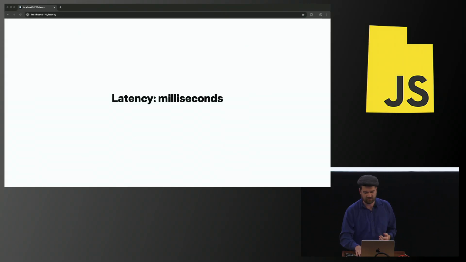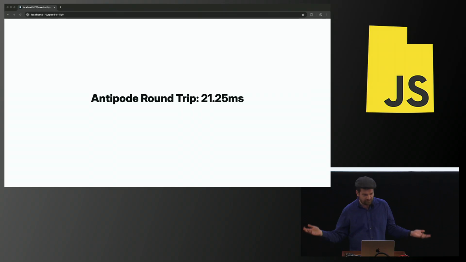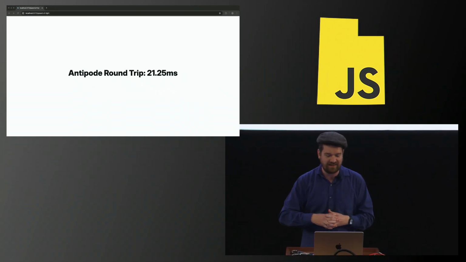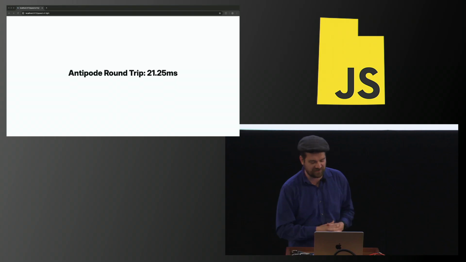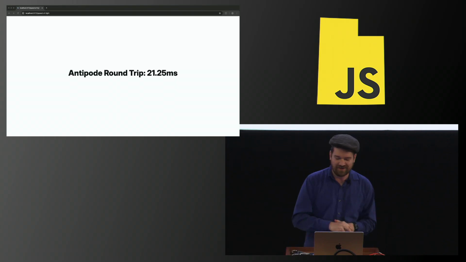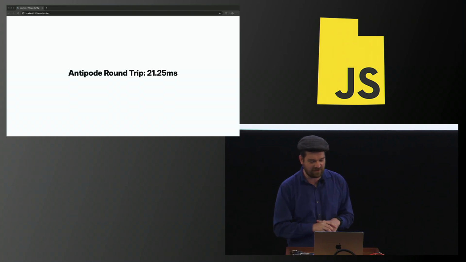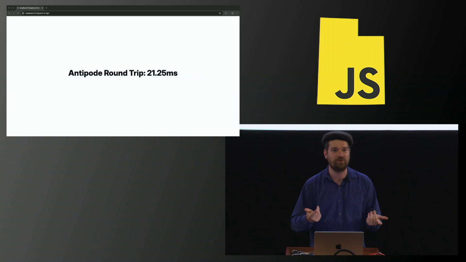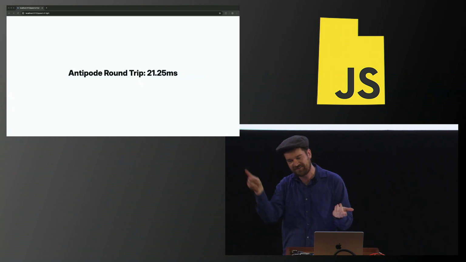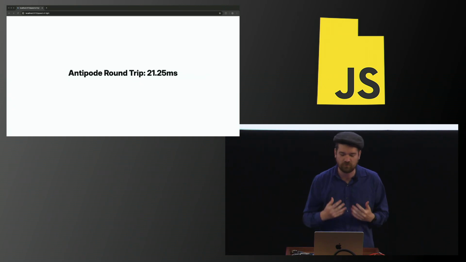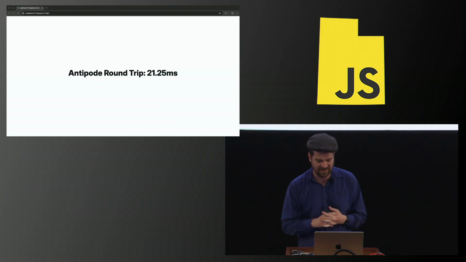Usually it's helpful to talk about round trip time, but today, when I say latency, I'm talking one way. So, fun fact, the latency of the universe is the speed of light divided by distance, since nothing can go faster than the speed of light yet. Which means the best case scenario for sending a message to your antipode, that is the point on the opposite side of the globe, is 21.25 milliseconds.